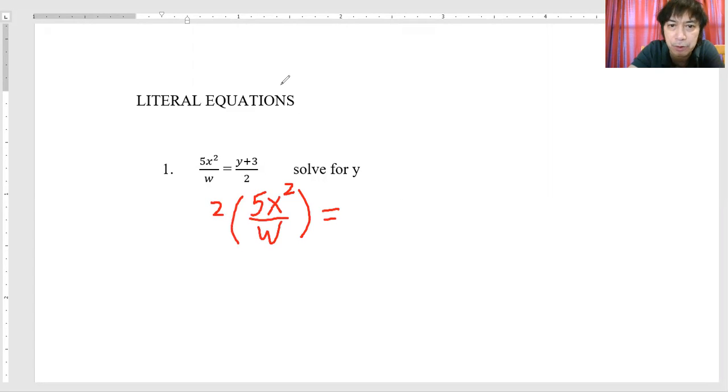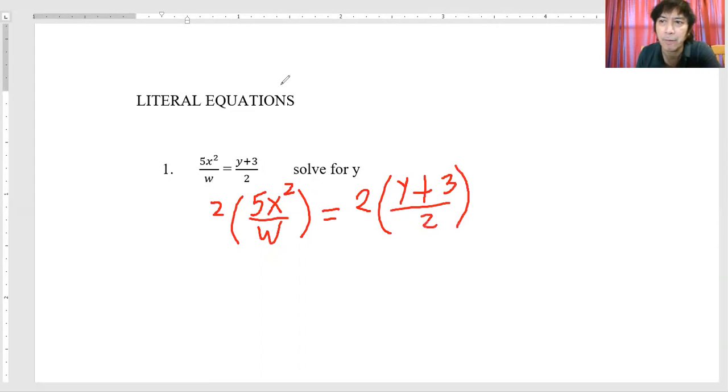And the right side, of course, is also 2 times y plus 3 over 2. Okay, in literal equations, you have to identify your steps of operations. Well, you only need to identify if you're going to add, subtract, multiply, or divide, okay?